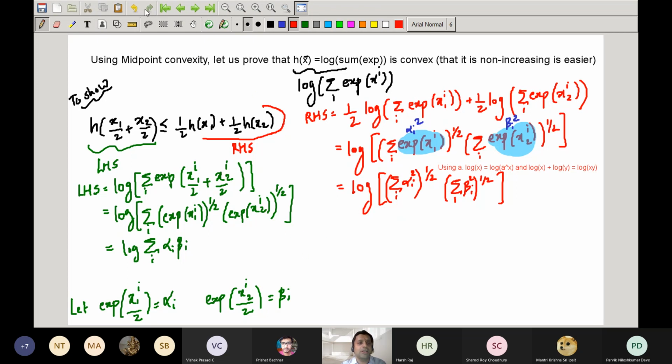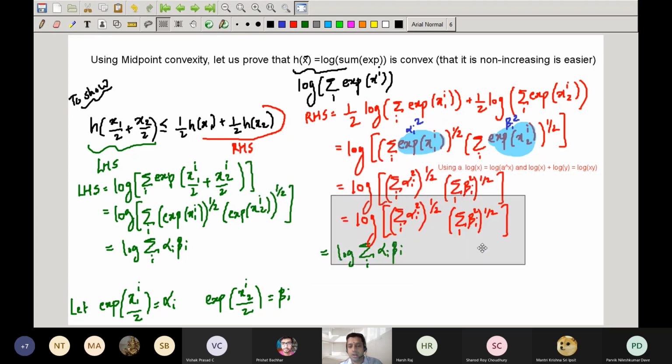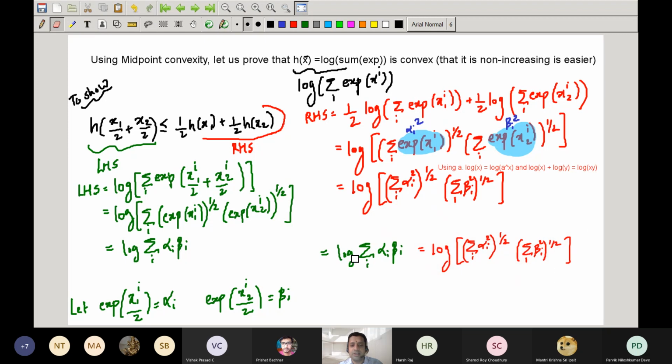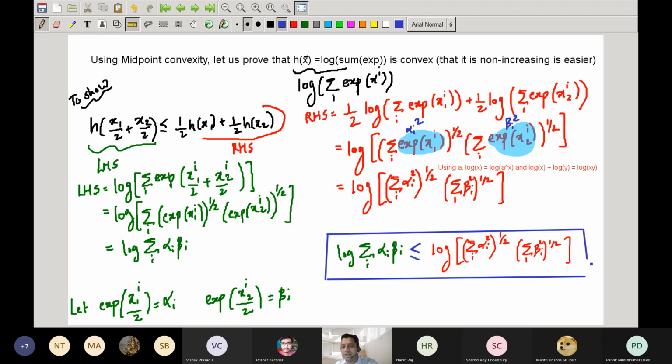Okay, so let me just put together this part and this part. Now I'm going to just lazily say this inequality holds by the Cauchy-Schwarz inequality. Well, do you need the log for the inequality?